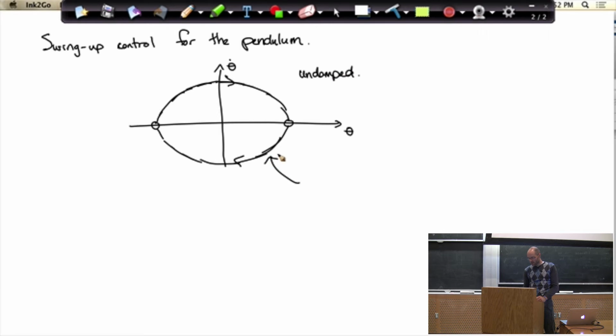has a name. It's a special orbit because it visits a fixed point. There's some argument about this, but I'm going to call it the homoclinic orbit.